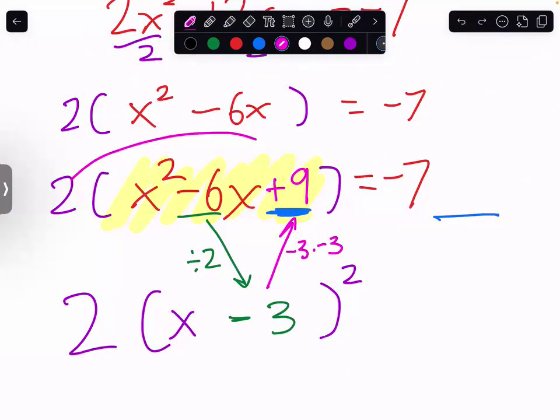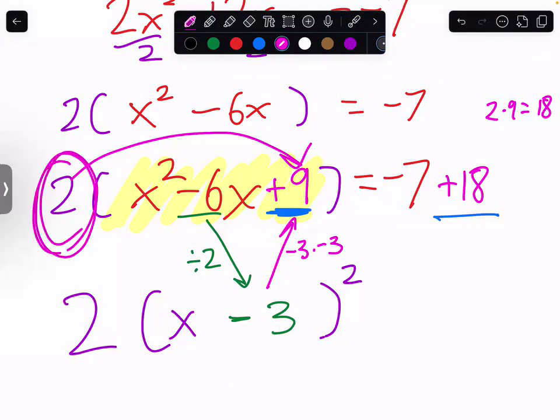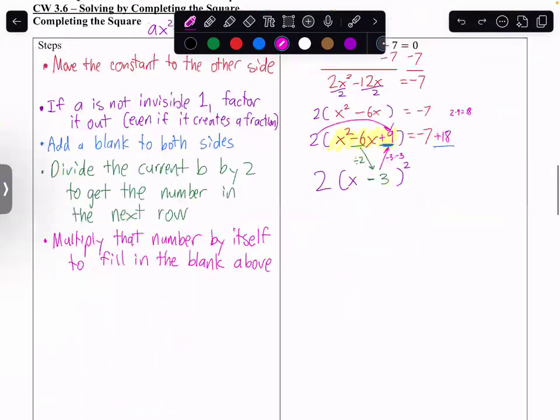So actually 2 times 9 is worth 18. So to balance it out, we have to add 18 to the other side. Any number in front of the parentheses multiplies the blank, and that's the total value. So that's what gets added to the other side.